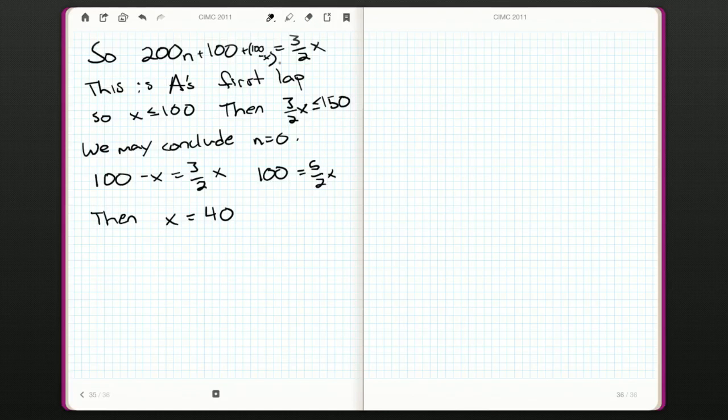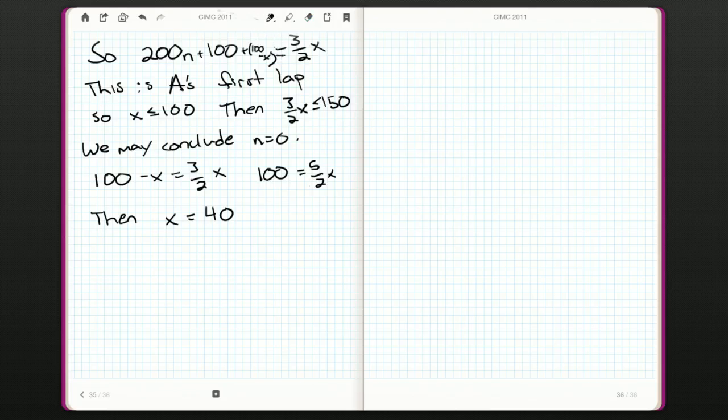Okay. So let's see if our reasoning is still correct. Betty will have only done one lap, or Betty will have not done multiple double laps.